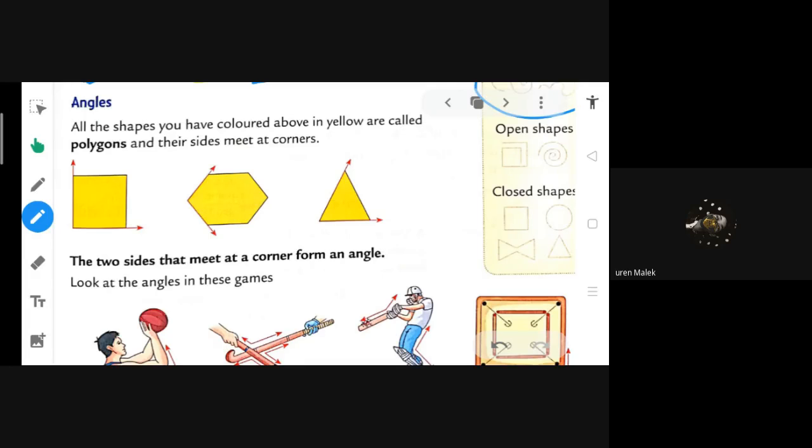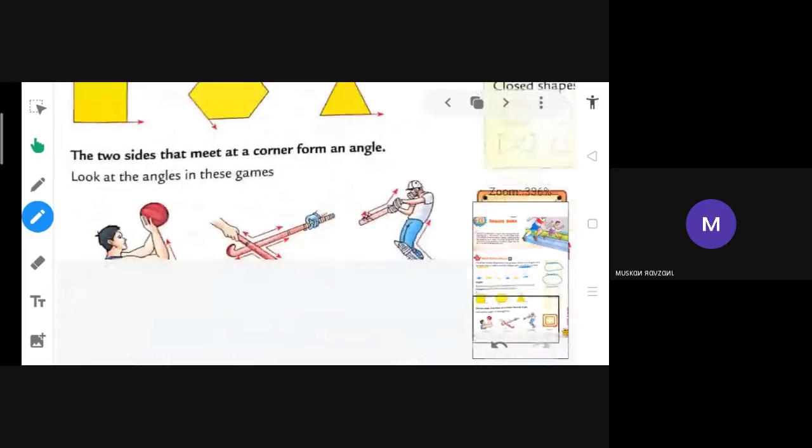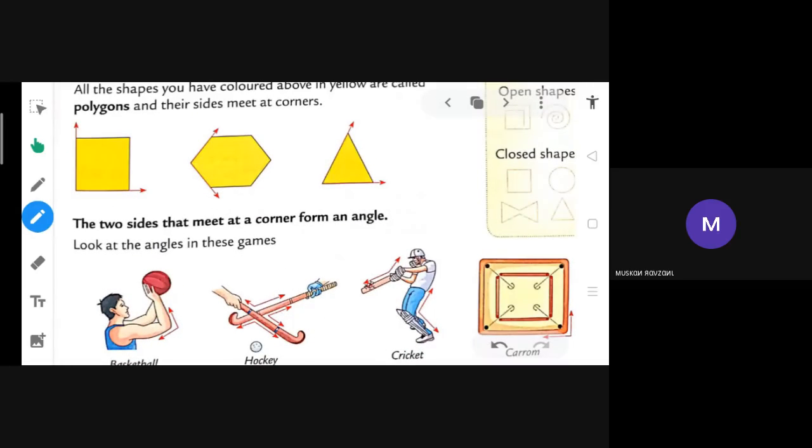So just now I have shown you pictures. In that also there were the corners. Yes, ma'am, that is a corner.